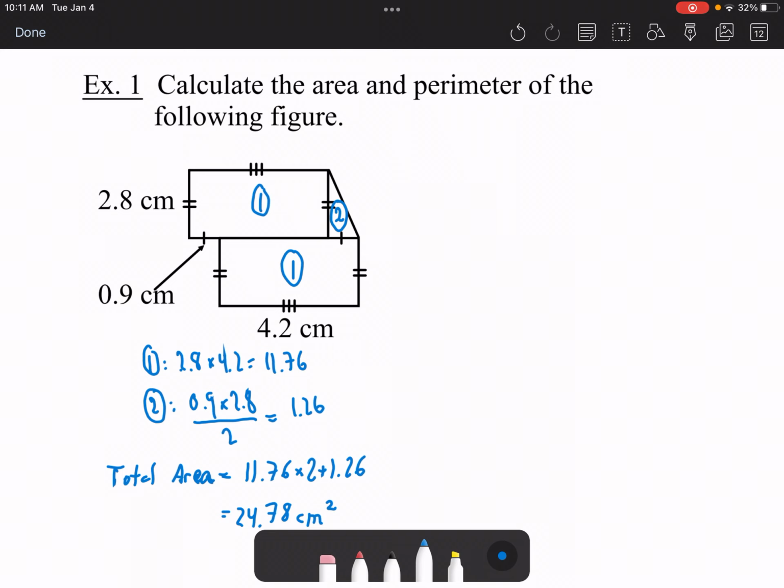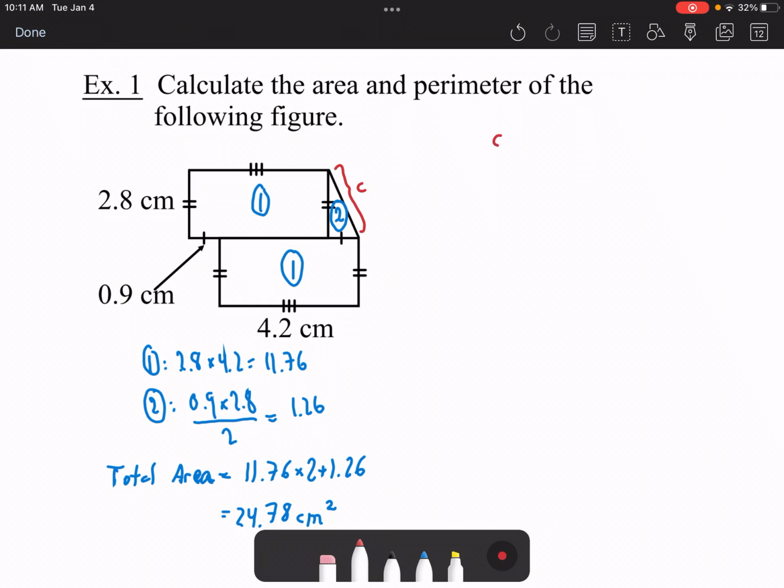Well, you might also notice we don't have one length. We don't happen to have this length right here, which I'm going to call C. But we do have its base and its height.